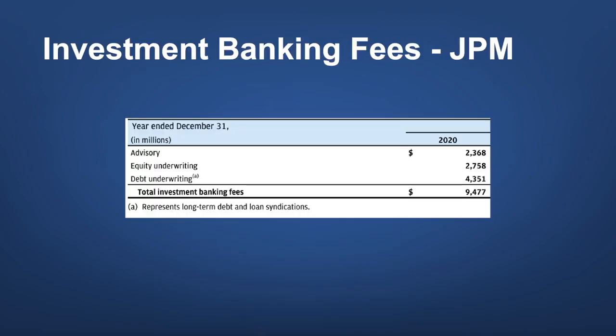It's a long list, but we can take a closer look at some of the bigger items. They all come from the wholesale business. First, investment banking fees, M&A advisory, equity underwriting, bond and syndicated loan underwriting. JP Morgan earned around $9 billion in fees from this business line in 2020.